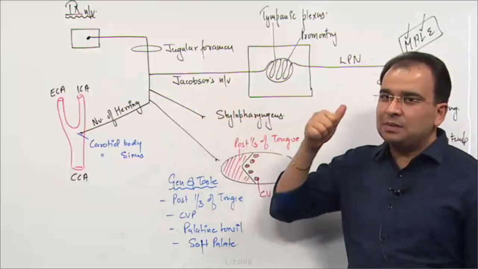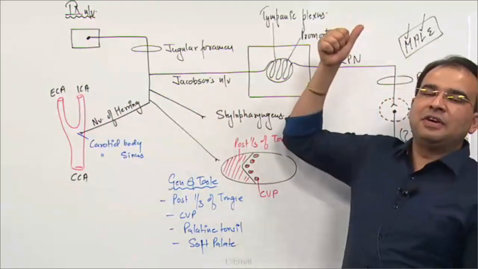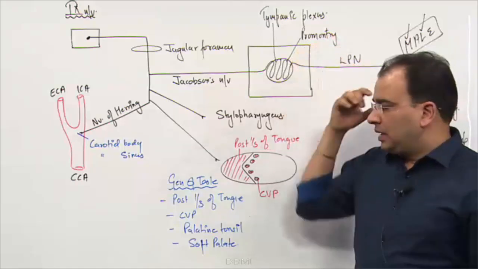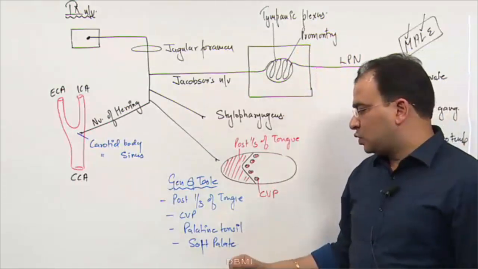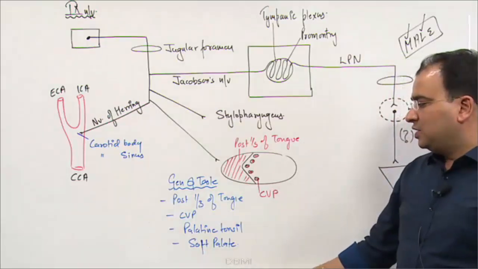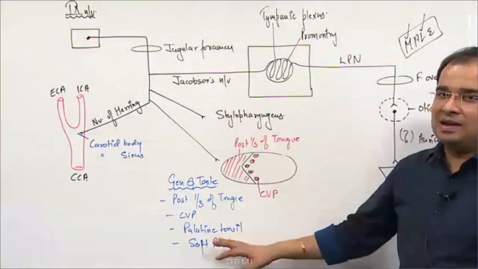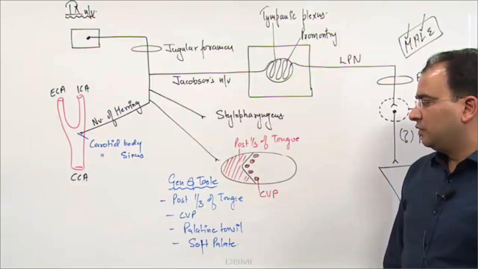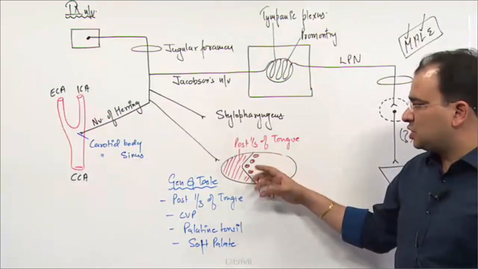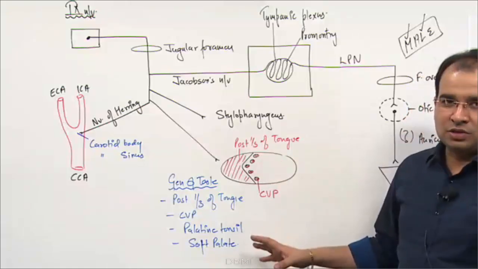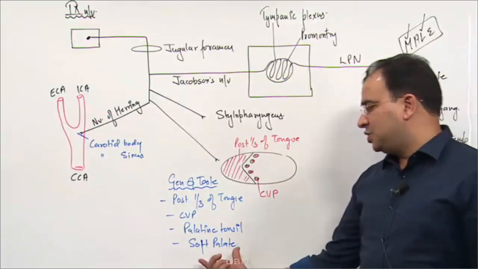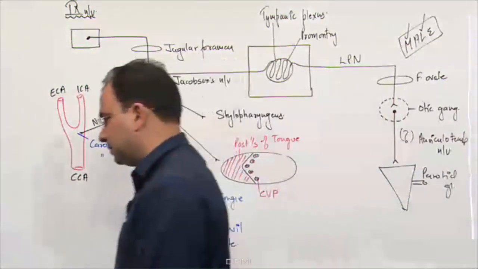They will go through the lesser palatine nerve into the facial nerve. So mainly general sensation from the soft palate is by the glossopharyngeal nerve, but it carries general and taste sensation from the posterior 1/3 of the tongue, circumvallate papillae, palatine tonsil, and mainly the general sensation from the soft palate.